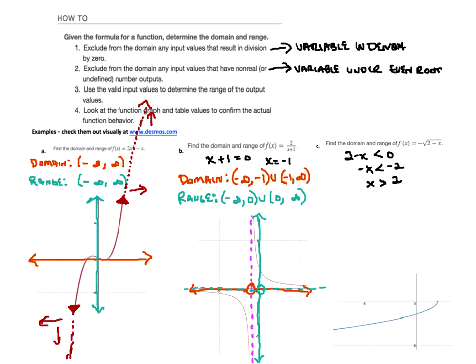So in other words, when x is greater than 2, this thing's not going to exist. So when this happens, this is where it does not exist on our real number graph.